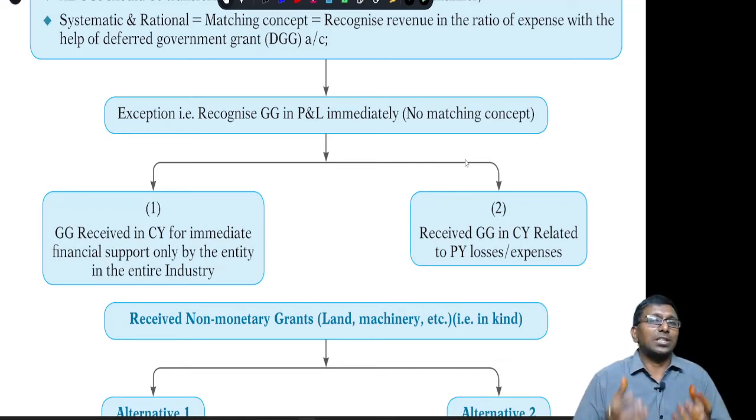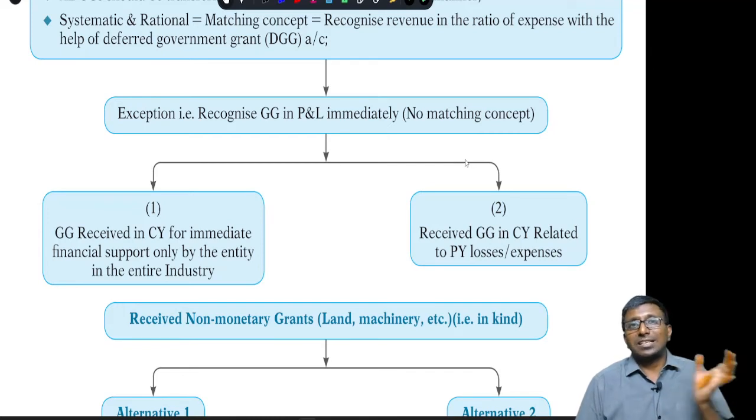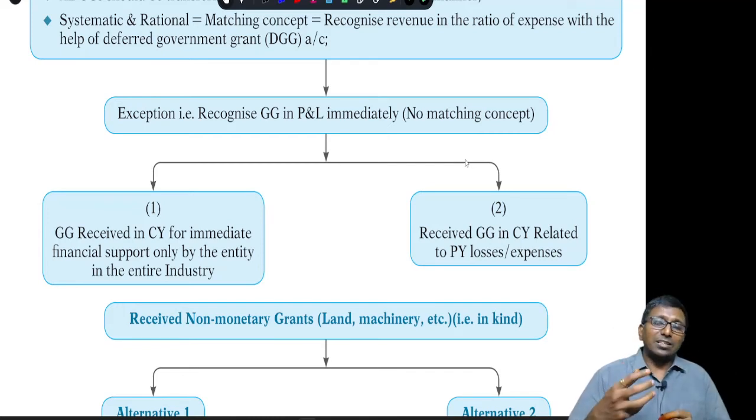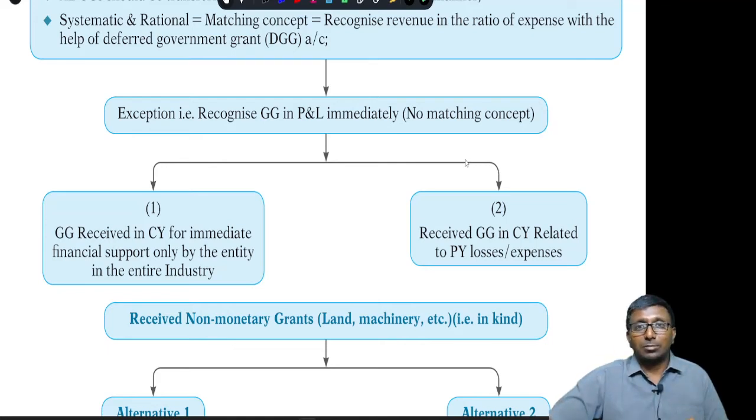Our entity is in financial troubles. That's why the government has helped us, and this is received only by our entity, no one else in the industry. Under this circumstance also, record it immediately. Obviously these things are little different. That's why it is our basic responsibility to disclose the information in this regard.